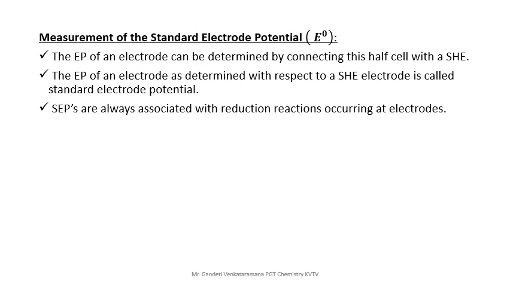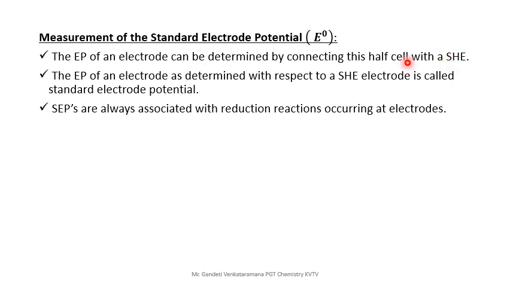First point, I will show you the measurement of the standard electrode potential E naught of the zinc, otherwise of the copper, anything. First point: the electrode potential of an electrode can be determined by connecting this half cell with a SHE. This is important.